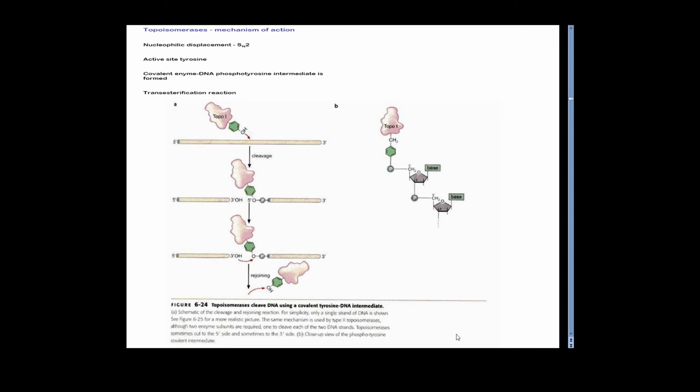And again topoisomerases are enzymes which hydrolyze the polynucleotide strand before RNA polymerase, unwinding it.